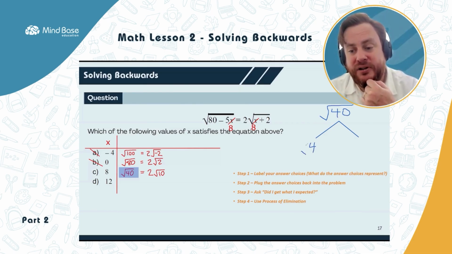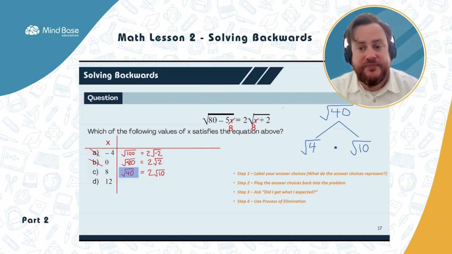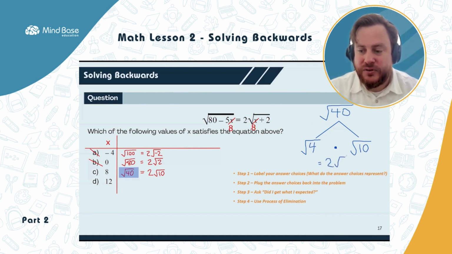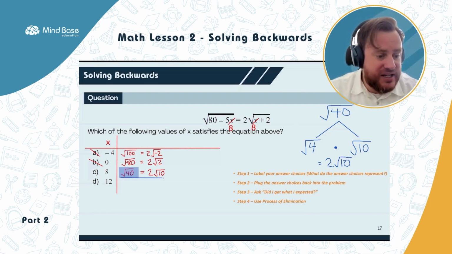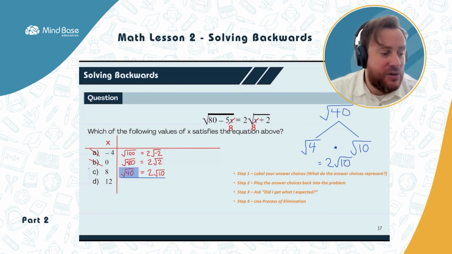So I can pull a 4 out, and I can pull out a 10. So I'm going to have the square root of 4 times the square root of 10. Now, the square root of 4 is 2. So this becomes 2 root 10, which is what we expected to get. Look at this. The square root of 40 is equal to 2 root 10. So I know the answer is C.